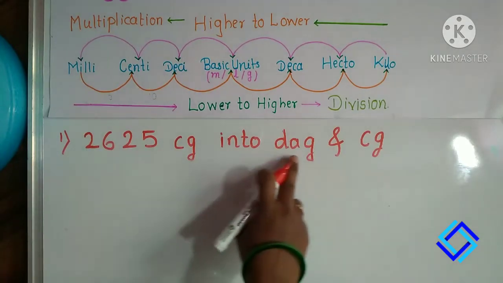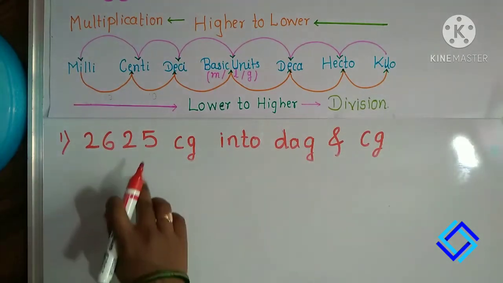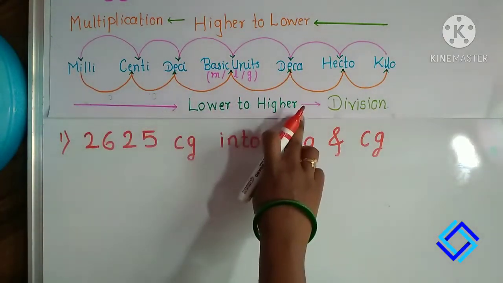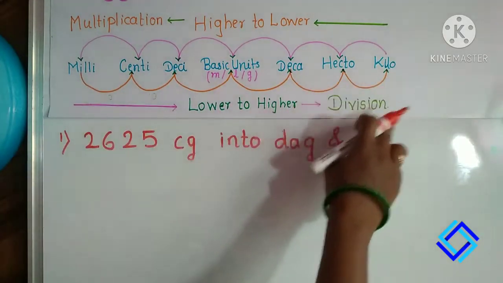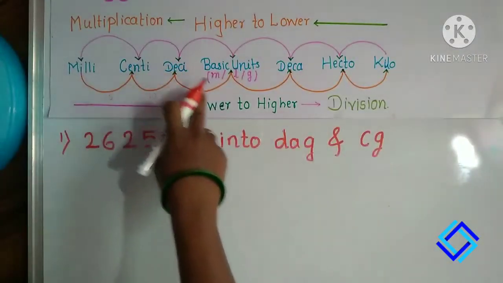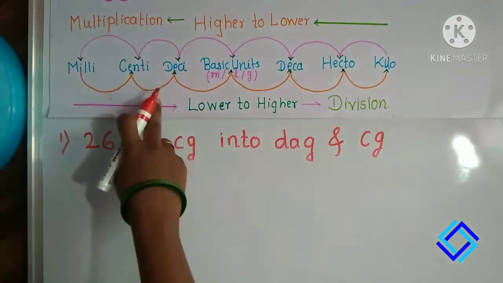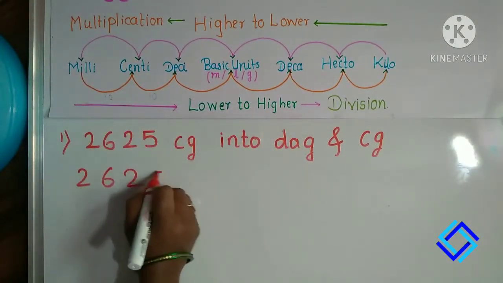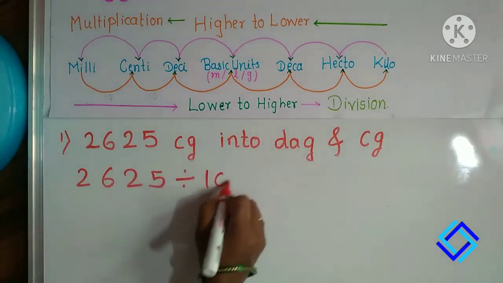2625 centigram into decagram and centigram. We have to convert from centigram to decagram. So lower to higher unit. So we have to divide. Now see here, from centigram to decagram there are 1, 2 and 3 steps. So we have to divide by 1000. So 2625 divided by 1000.